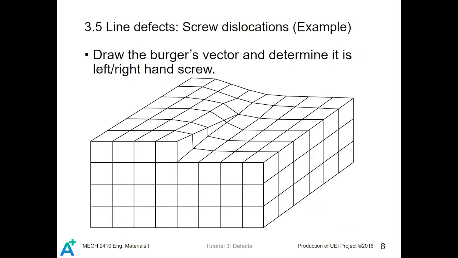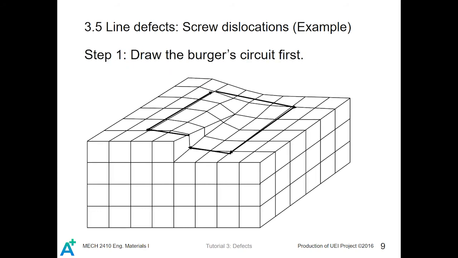I also draw a Burgers vector on screw dislocations. Draw the Burgers vector and determine whether it is a left or right hand screw. We draw the Burgers circuit first with similar steps as mentioned for edge dislocations.